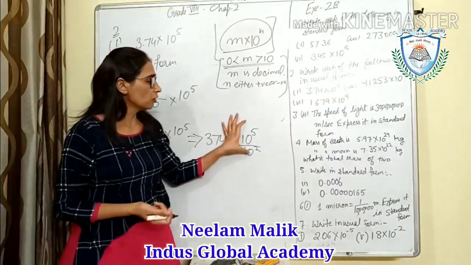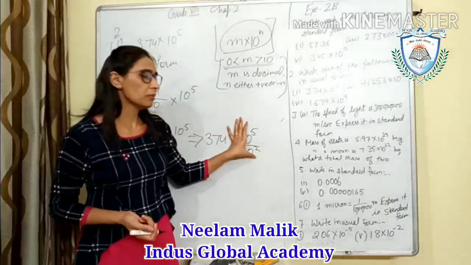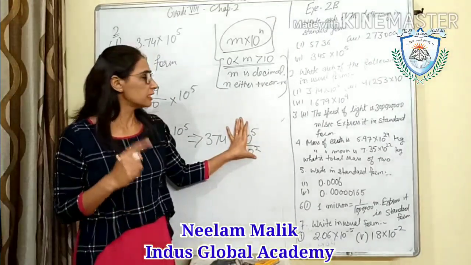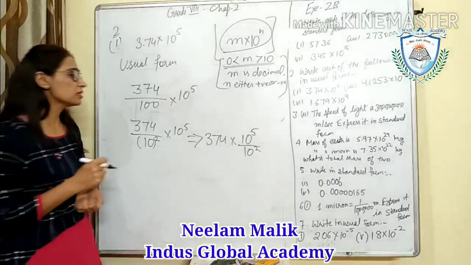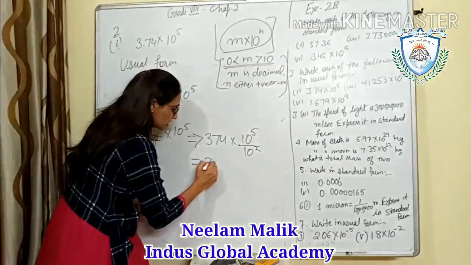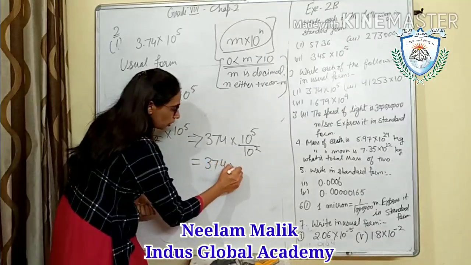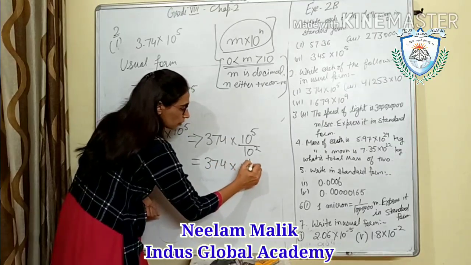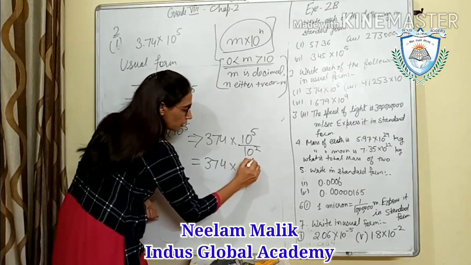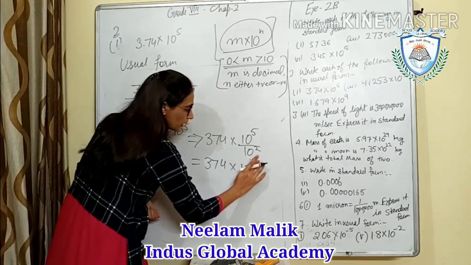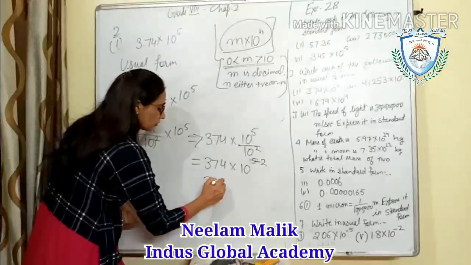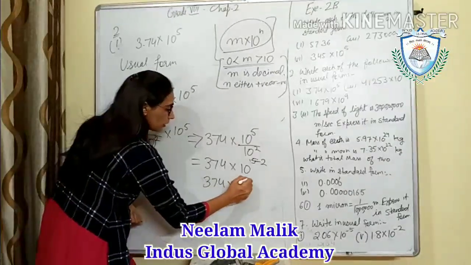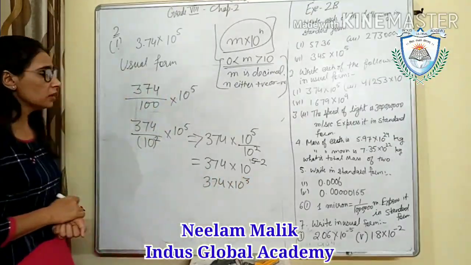When bases are the same, powers are different, and the numbers are in division, the powers will be subtracted. So here, 374 into 10 raised to 5 minus 2. What will it be? 374 into 10 raised to power 3.